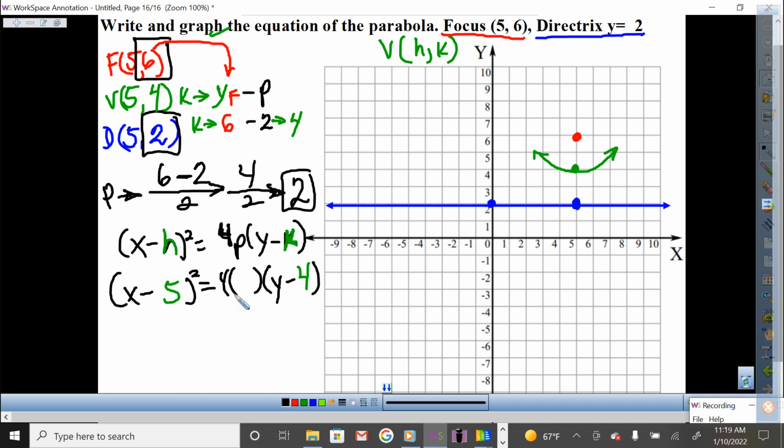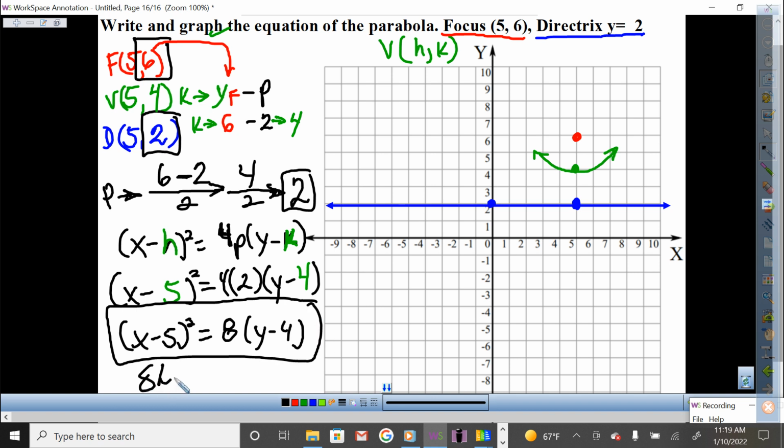What is p, by the way? 2. That goes right there, and then we just simplify. X minus 5 squared equals 8, y minus 4. This is our standard form equation of a parabola.